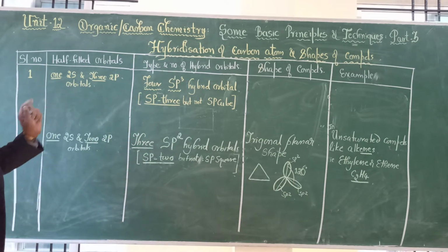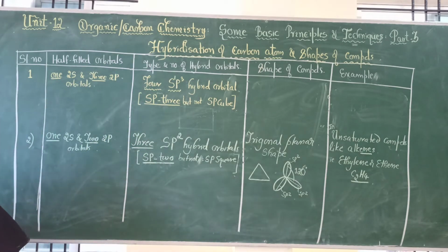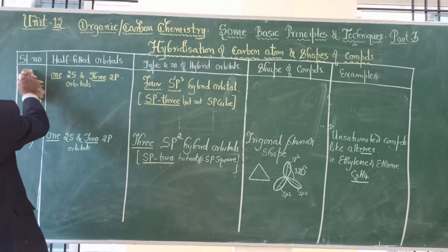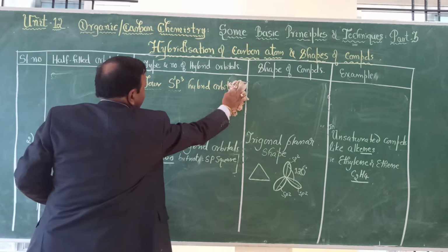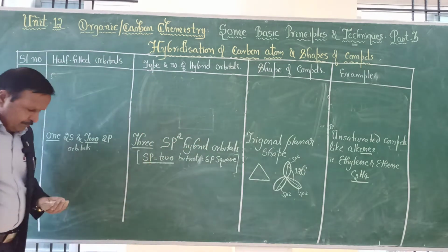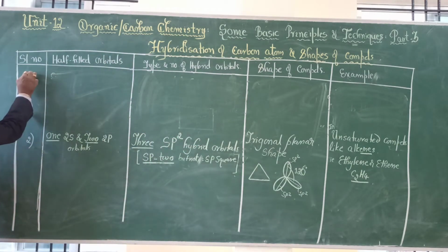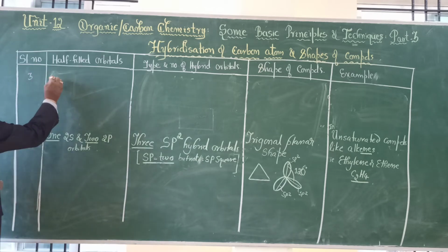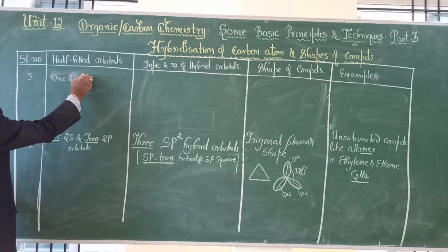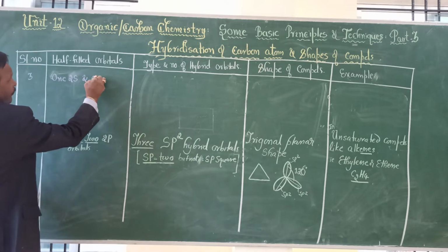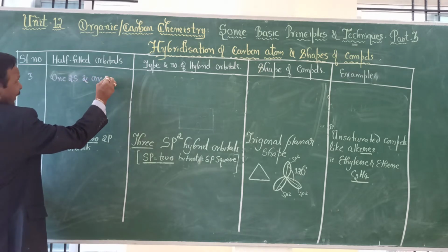Then the last one, there are 3 types of hybridization. What is that last one? 1s should be there, and only one 2p.